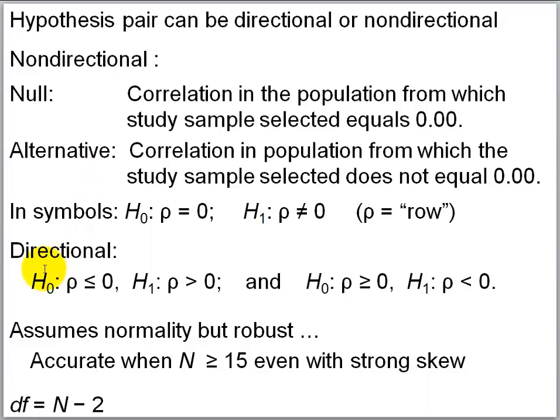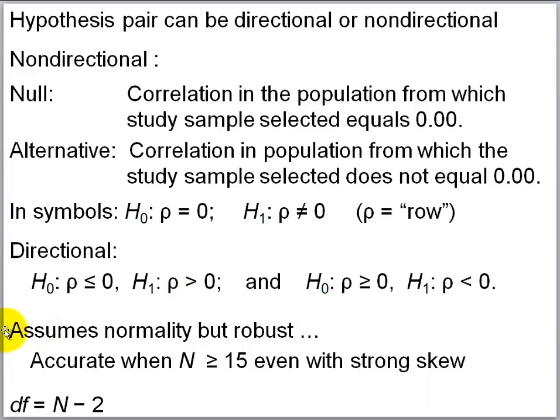And here are our two possible directional pairs. In this one, H1, the alternative hypothesis states that the population correlation is greater than 0. You would use this one in a situation where you strongly suspected that that was indeed the direction of the population correlation, and therefore of the value of r that you would obtain in your sample.